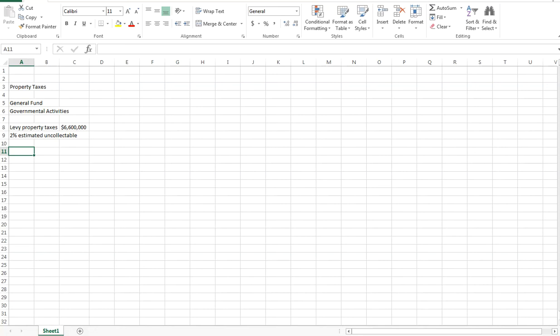And so when we have this transaction, the journal entry for the general fund, and I'm going to try to do both at the same time so you can see the difference. So I think I'll come over here and we'll do the general fund here. And then I'm going to come over here and do governmental activities.